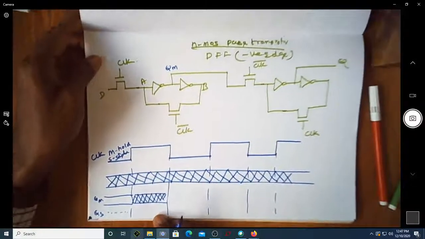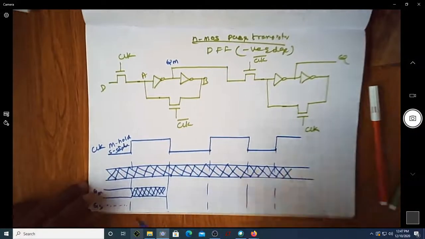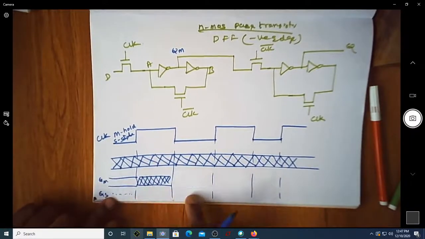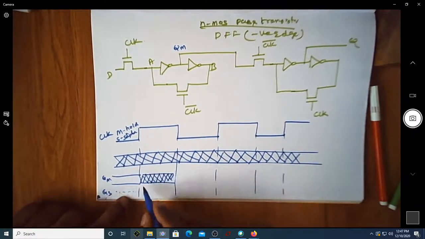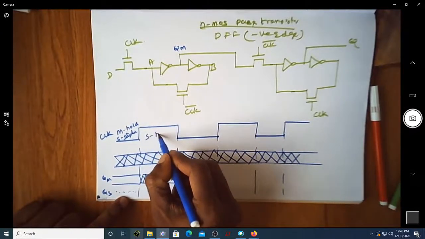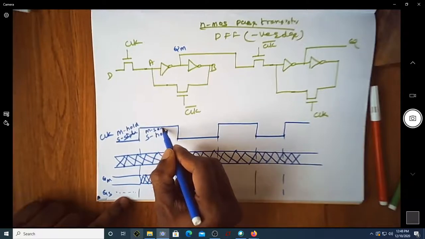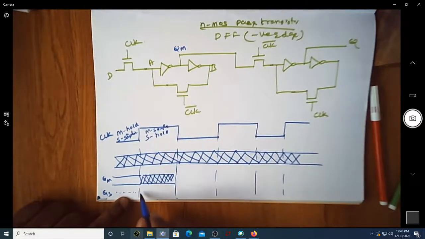Let us see what happens to this output. We'll see whether it is positive edge triggered or negative edge triggered. We'll decide depending on the waveforms. Suppose I say this is in hold mode and this M is in sample mode.